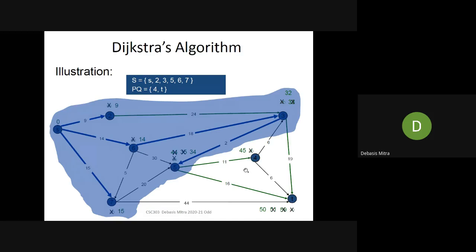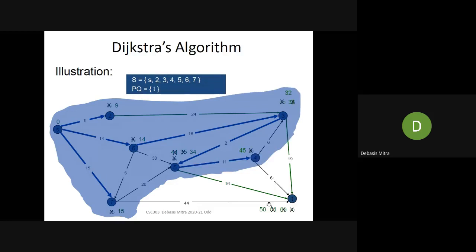So 4 will be included, and the d value of t will again change from 51 to 50 because 45 plus 5, probably. It has to be 5, then only it will change.